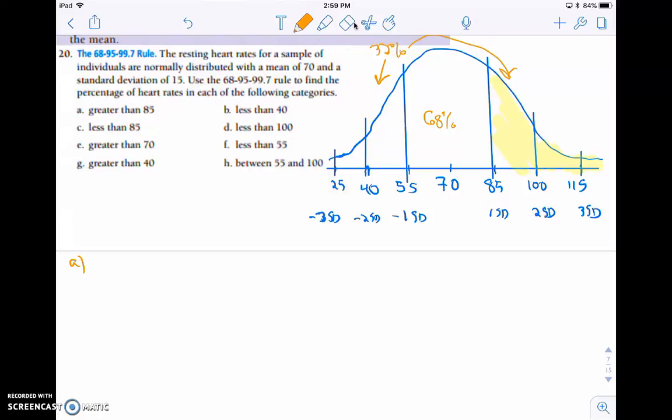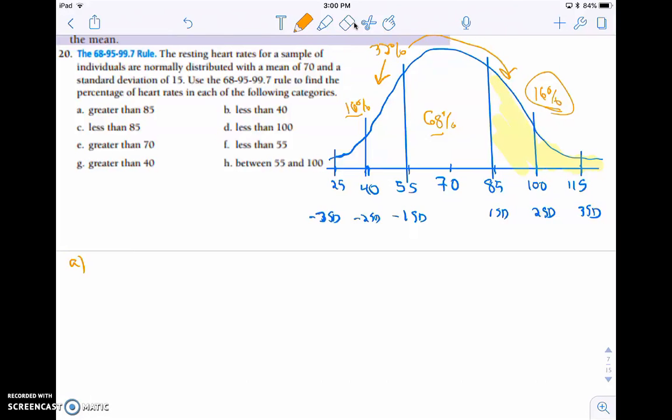So essentially below the 68 there's going to be 16%, and above the 68 percent line, so above 85, there's going to be 16%. So if we take 16 plus 68 plus 16, that'll give us our 100. And notice what we've found is that 16% of the data has to be above 85.